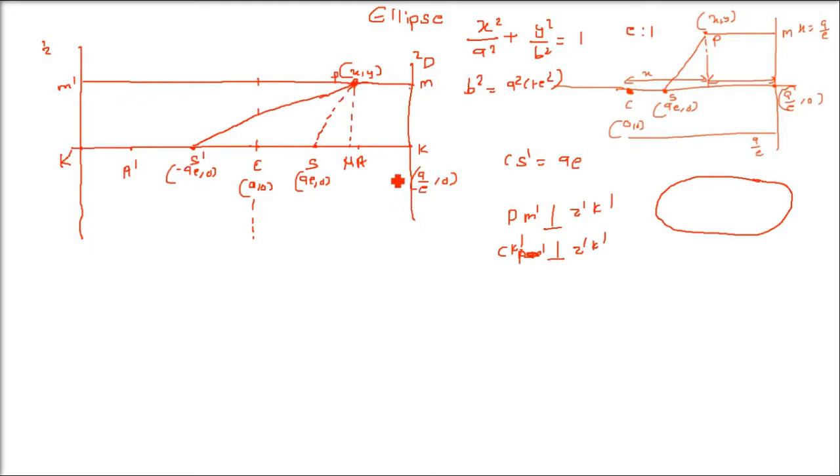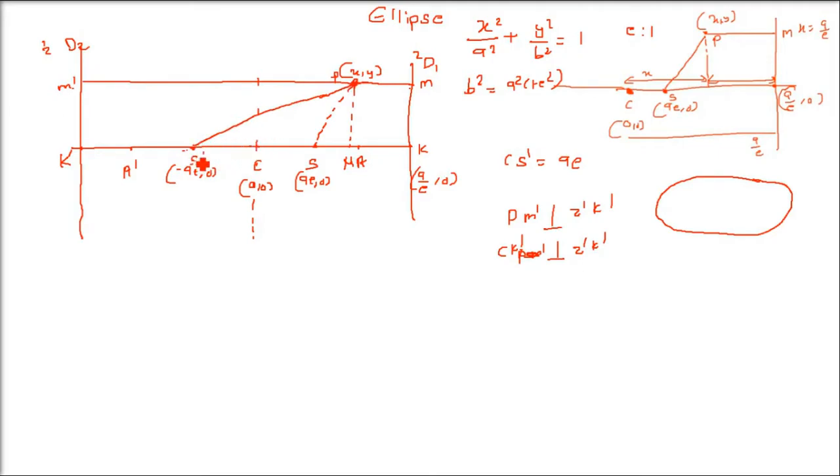So how can we find this distance? If we can prove that the ratio of the distance of P from S dash and the distance of P from M dash is e is to 1, then we can easily say that there is one more focus and one more directrix.